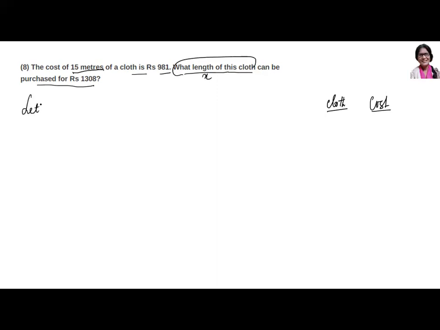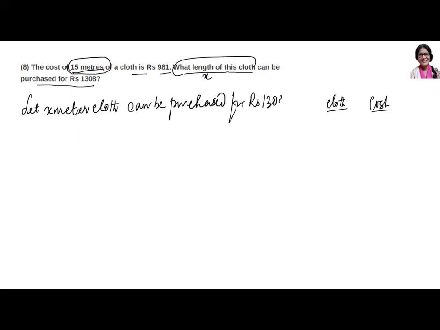Start the answer now. Let X meter, because cloth is measured by meter. It is given the cost of 15 meter. X meter cloth can be purchased for rupees 1308.